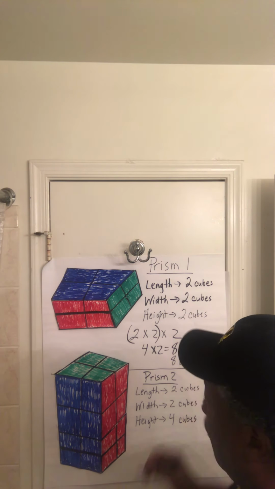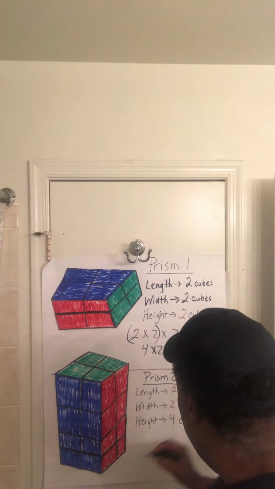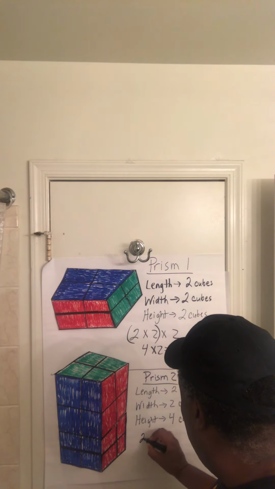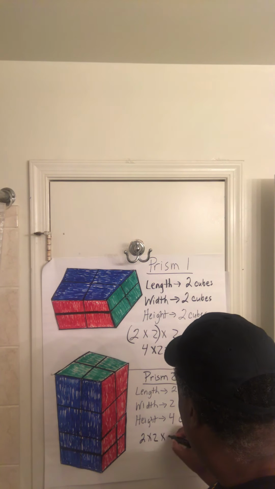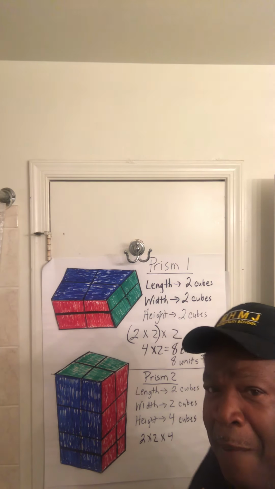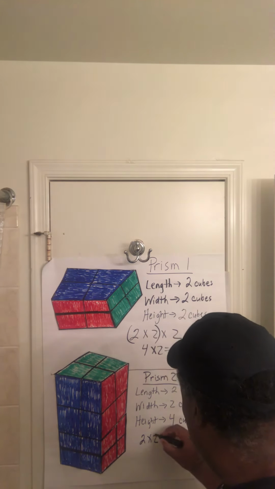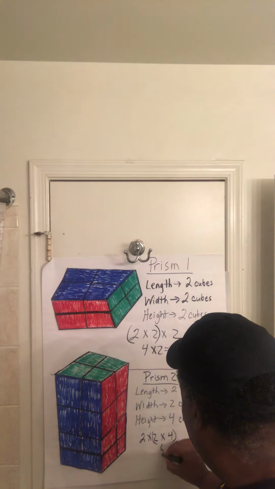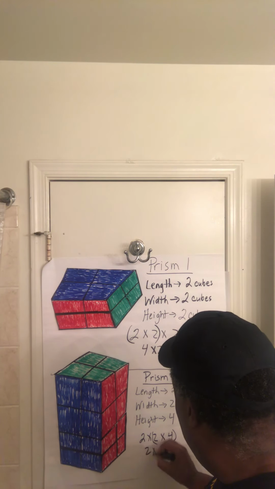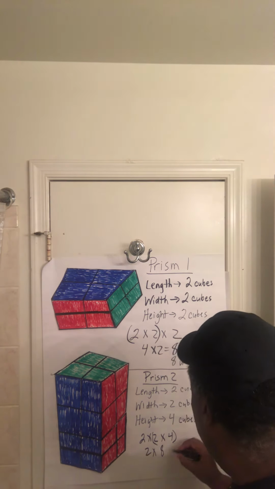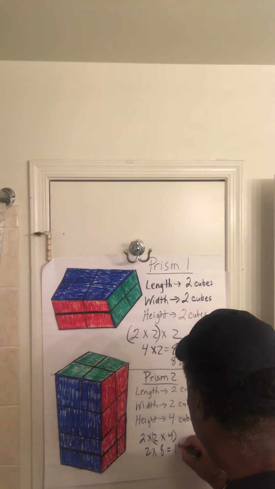Then we're going to use our formula, length times width times height. So we're going to multiply 2 times 2 times 4. I'm going to multiply the 2 and the 4 first. I get 8. Then I'm going to multiply by this 2. And we know that 2 times 8 is 16.